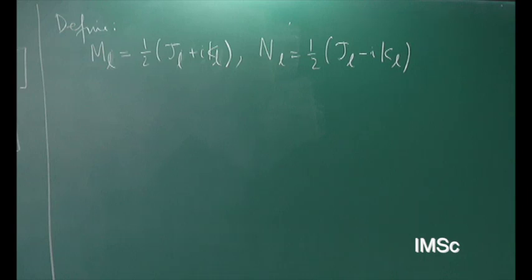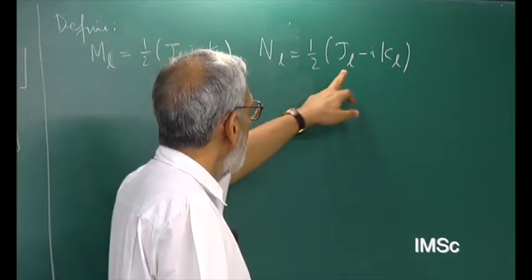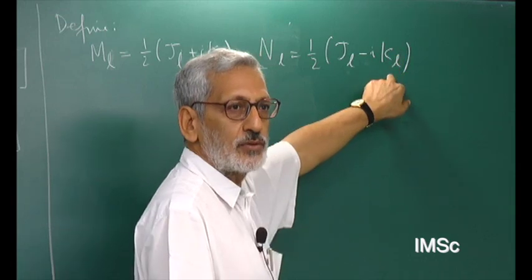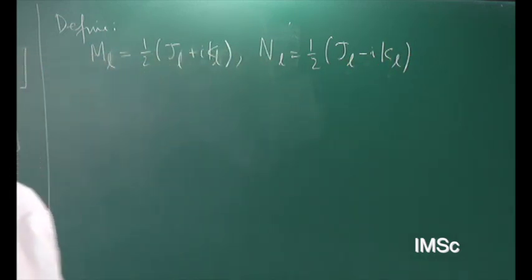I mean, take a linear combination of a rotation plus i times a boost and a rotation minus i times a boost. Take these two combinations. What happens to this algebra in terms of these new objects M and N that we have written?